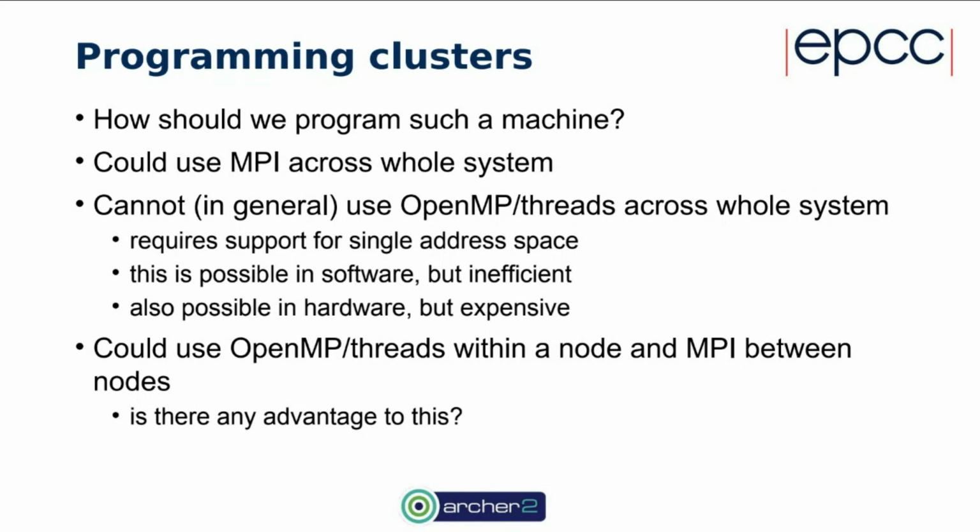We don't see very many of them around today. But things like the SGI Origin machines supported a single address space over up to about 1,000 cores or so in hardware, and you could run OpenMP across 1,000 cores if you chose to. But we don't tend to see many of those systems around these days.